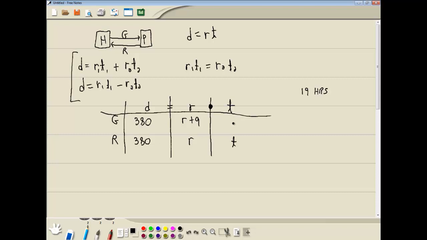Well, it'd be 9. And how you get that is you do 19 minus 10. Well, instead of this being 10, it's T. So this right here will be 19 minus T. And again, there's implied equals here, and a times there.